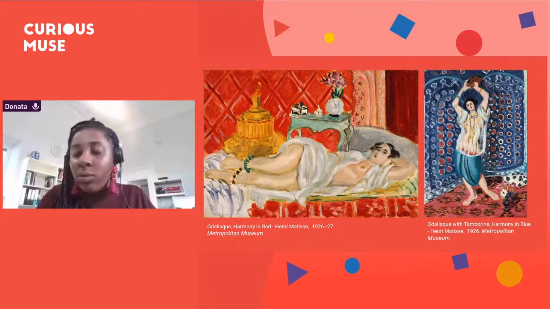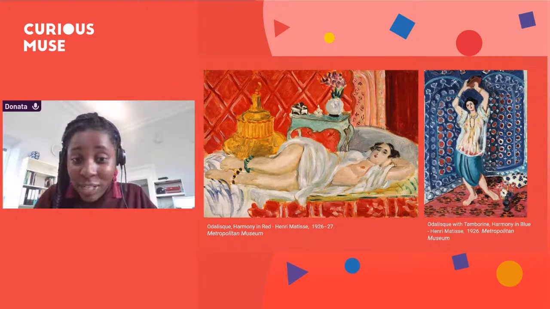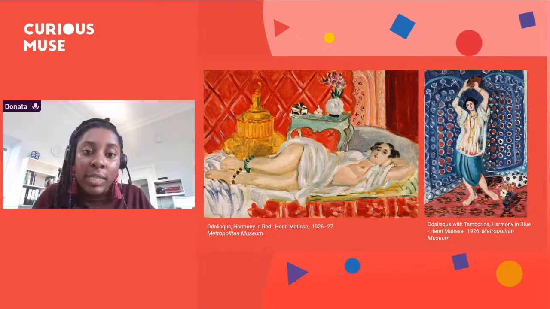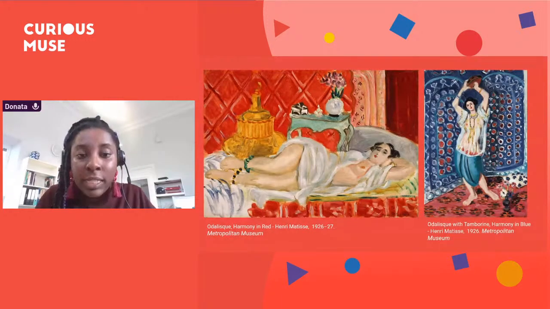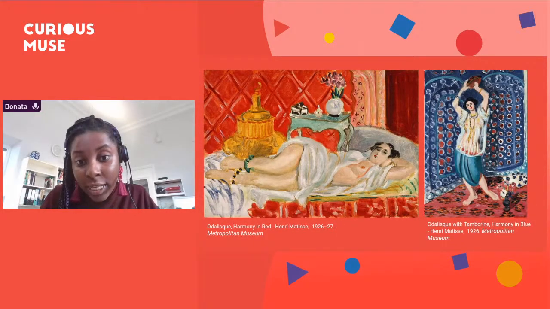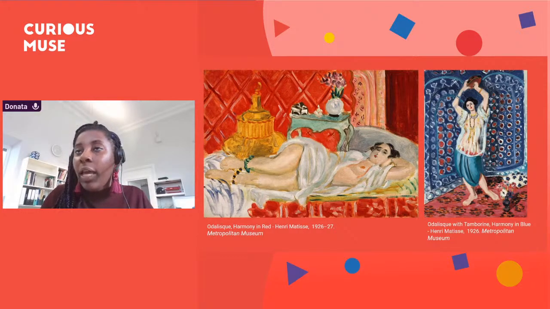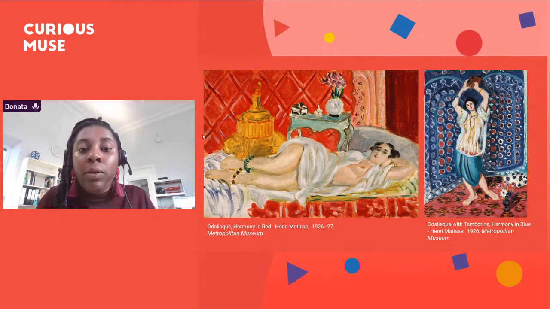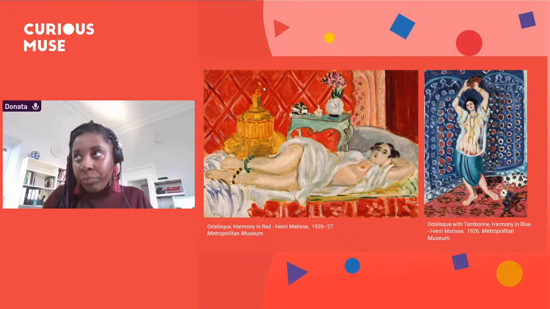And Henri Matisse was no different with that. He was really interested in African art, but also depicting women in this kind of way. And this introduces the use of the body that I want to talk about a bit more as we go throughout this presentation.